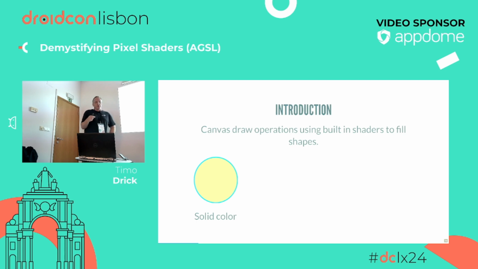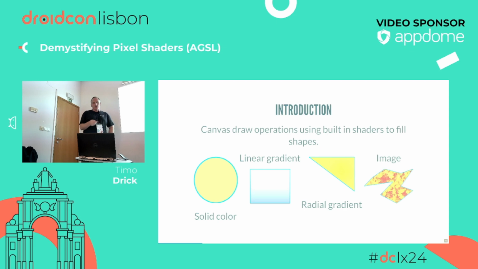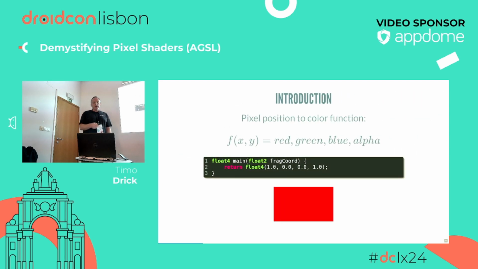So for example, when you want to draw a circle with the normal draw canvas API, then you can fill it with a solid color, or you can use a linear gradient, which is also one type of shader, a very simple one, of course, or a radial gradient, or you can use an image as a texture for the shader. But today we will have a look at the custom shaders.